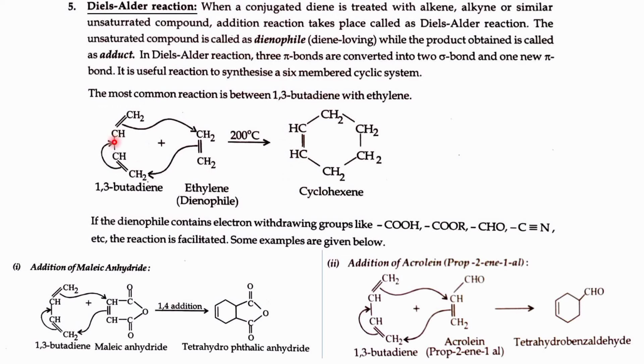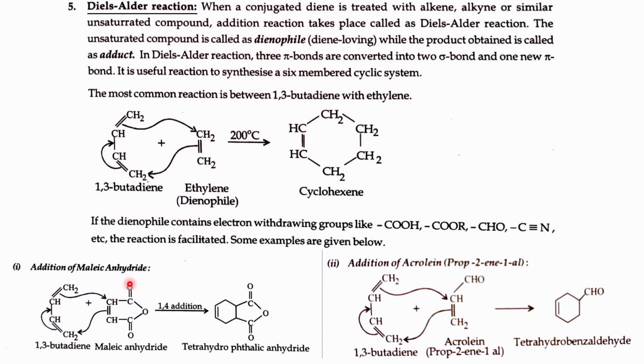So the double bond comes at this position, that means जो एक अकेला single bond है ये double bond बन जाता है और बाकी के सारे double bond convert into single bonds. So it forms a cyclohexene molecule.